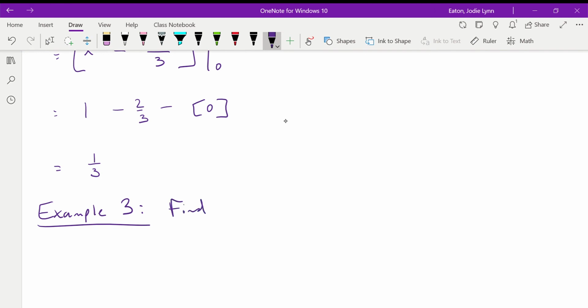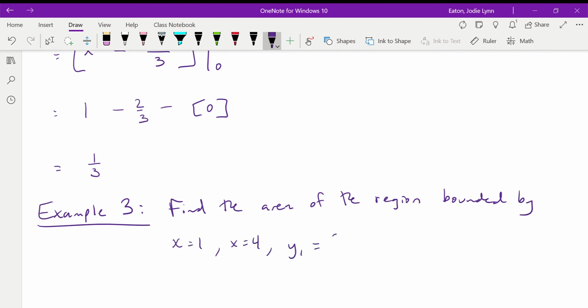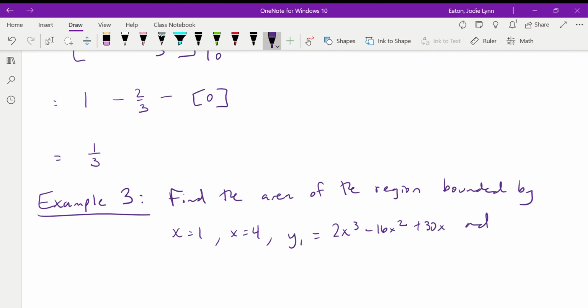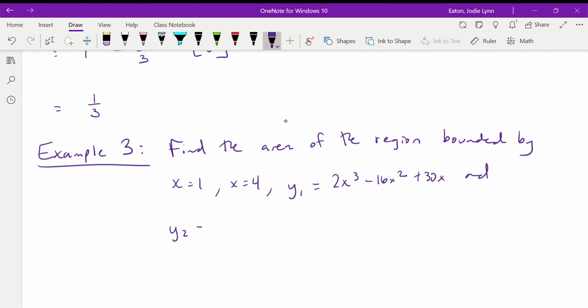We're going to find the area of the region bounded by x equals 1, x equals 4, y1 equals 2x cubed minus 16x squared plus 30x, and y2 equals negative x cubed plus 9x squared minus 18x.